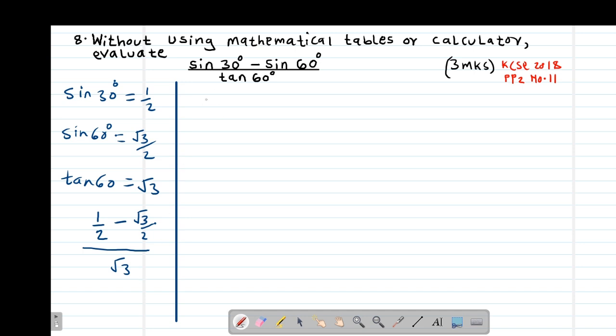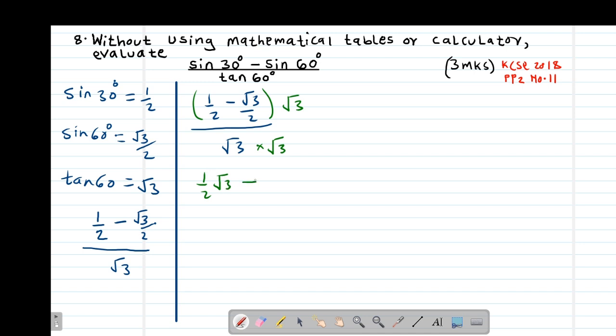So if we rationalize, the conjugate will still be root 3, so we multiply the numerator and the denominator by root 3.